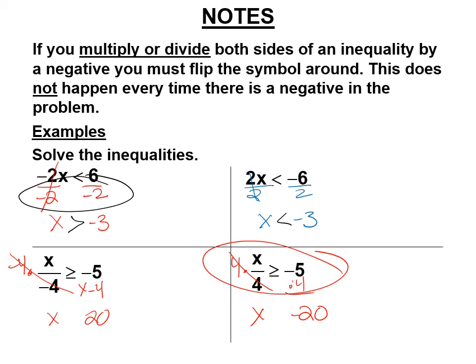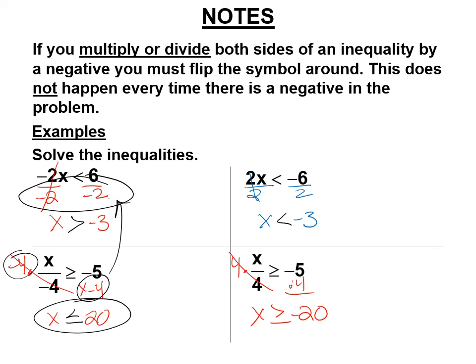That's fine. All the numbers that are solutions are greater than or equal to negative 20. But over here, we multiplied both sides by a negative, just like we divided both sides by a negative. You have to flip the symbol around to get the correct answer. The answers that will make that true are less than or equal to positive 20.